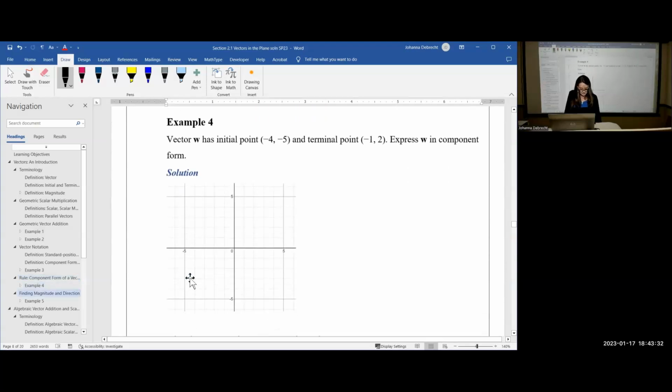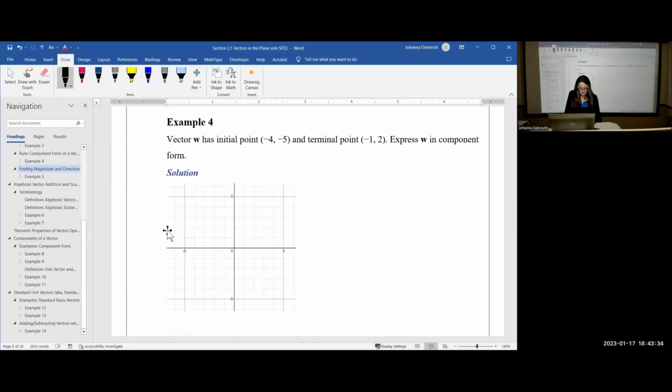All right, so let's practice with example 4. In example 4, vector W has initial point -4, -5, and terminal point -1, 2. Express W in component form. You really don't even need the graph, but we can certainly use the graph to check our work. So initial point is -4, -5. We're going to take terminal minus initial.